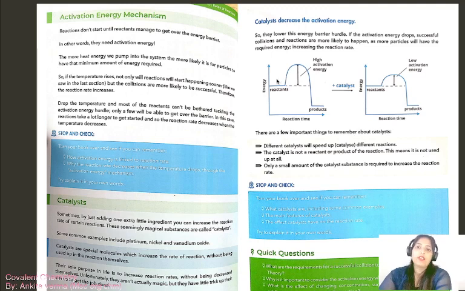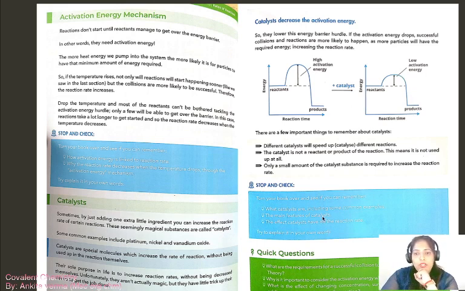For example, if 3 to 4 people are moving to Mount Everest and they do not have an energy drink, then only one can climb over there. Whereas if the activation energy is low, four of them can give the product. So this is the role of the catalyst in the collision theory.